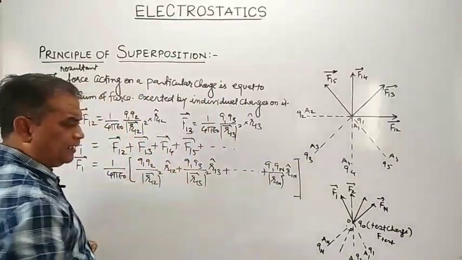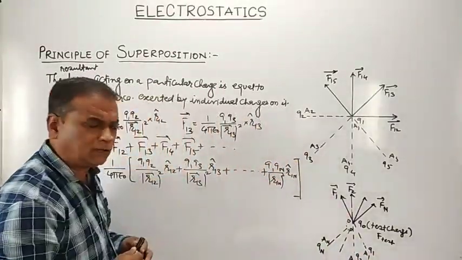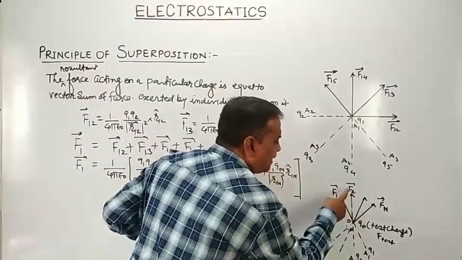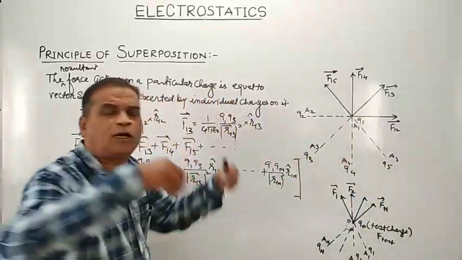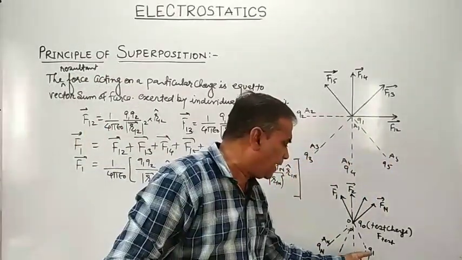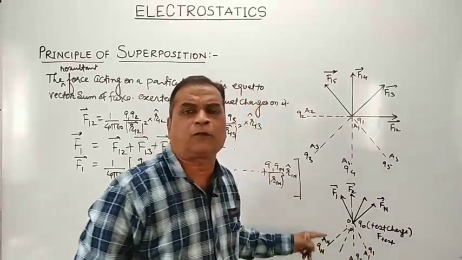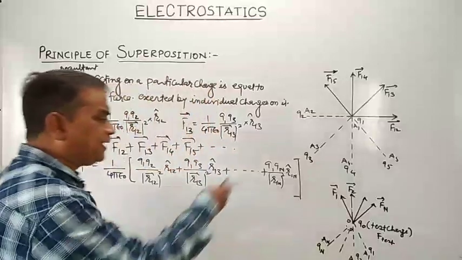Then charge Q1 will exert a force F1 on the test positive charge, charge Q2 will exert a force F2, and so on, F1, F2, F3, F4 up to Fn. These are the forces exerted by Q1, Q2, Q3, Q4, Qn on the test positive charge Q0.